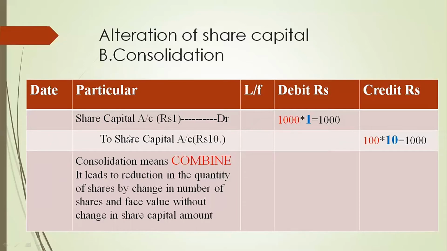This 1 rupee share is now converted to 10 rupees. Share capital value remains the same, 1000, so how many shares? 100 shares. So consolidation leads to reduction in the quantity of shares. There is a change in the number of shares as there is a change in the face value, but the share capital amount remains the same.